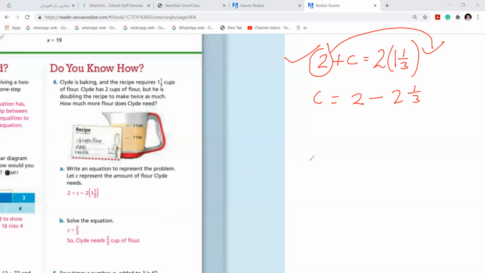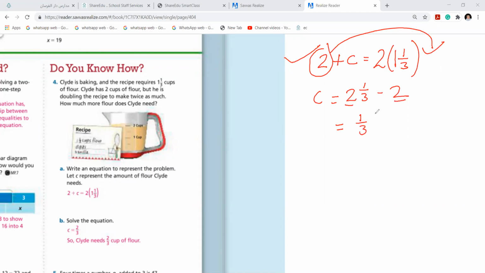If I solve the equation, that's why I'm saying there's something wrong here. First I'll write 2 times 1 1/3 minus 2. So my answer has to be 1 over 3.